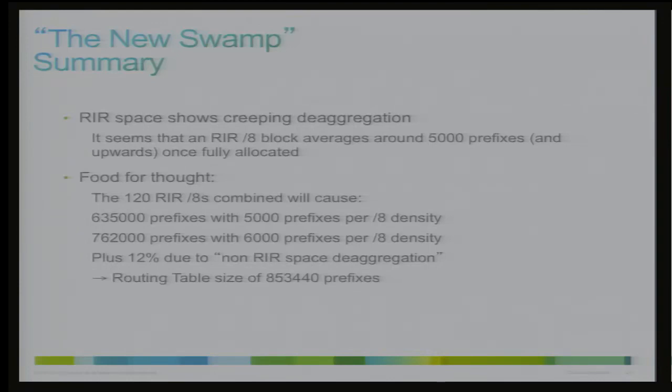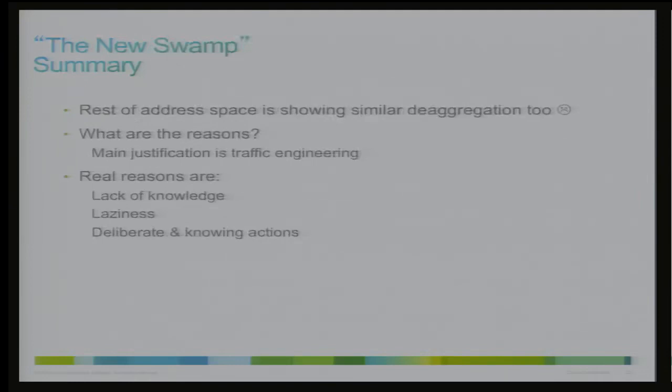So we are actually making significant progress in reducing the size of the internet routing table. We are seeing a lot of new swamp space that we saw in the previous slide.